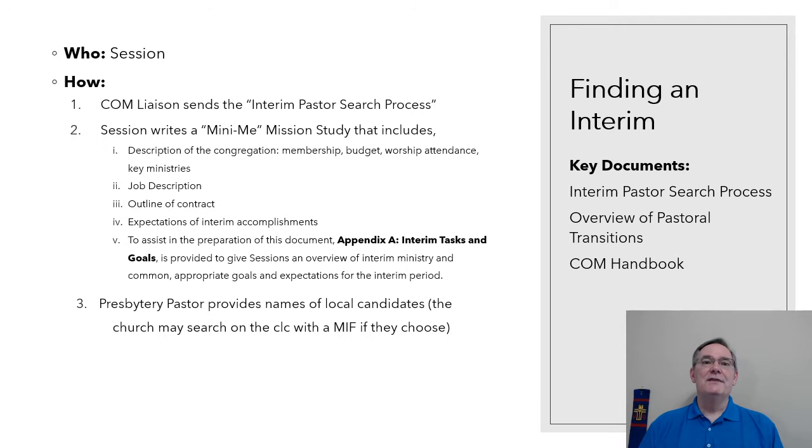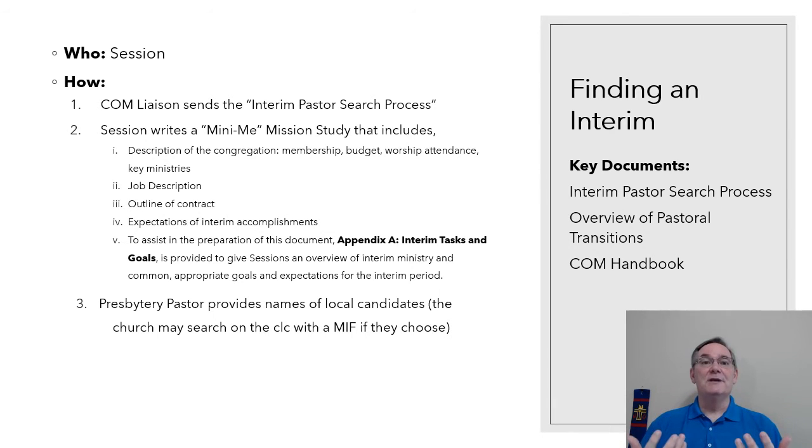It starts with the COM liaison sending to the session the interim pastor search process document. And that is a document, 10, 12 pages that takes the session from stem to stern on how to do an interim search. The heart of that document is a description of the congregation, what I like to call the mini-me mission study.